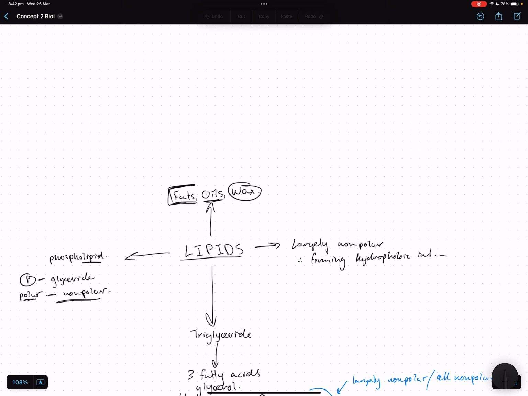A wax is basically a very long chain alcohol plus a fatty acid.